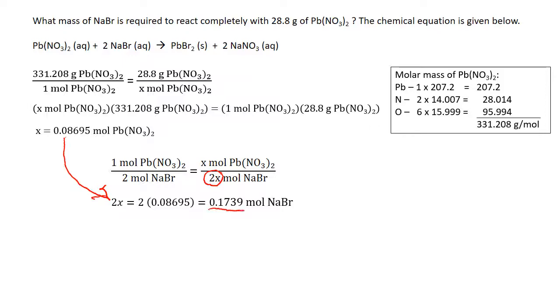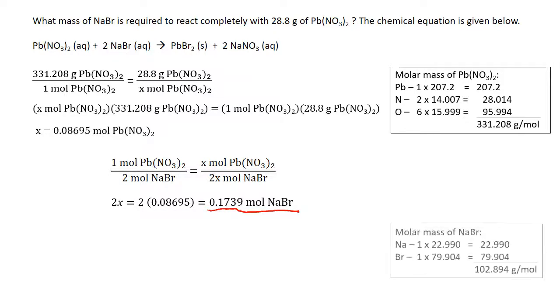When we do that, we find that we need 0.1739 moles of sodium bromide to react with that 0.08695 moles of lead nitrate. So at this point, we need to convert our moles of sodium bromide into mass. That moles to mass conversion, again, is going to rely on our molar mass. So let's develop the molar mass of sodium bromide.